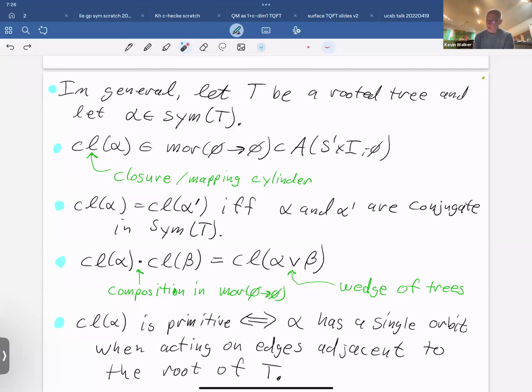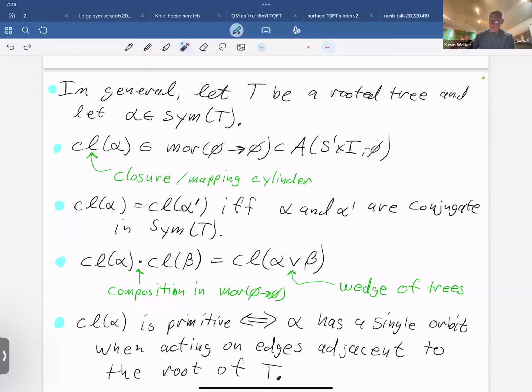And that gives an element of this skein module, this 3-dimensional skein module. And 2 closures are the same if and only if alpha and alpha prime are conjugate in Sym T. Again, that's pretty easy.